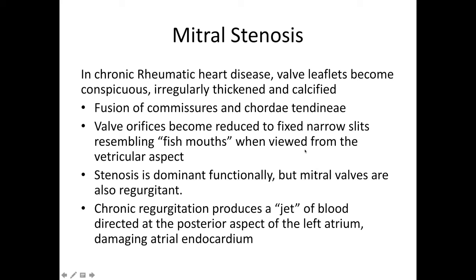One of the things that is going to occur as a result of this chronic rheumatic heart disease is mitral stenosis. So when we talk about changes at the level of the heart valves, mitral stenosis is one of those changes which we will see in a chronic rheumatic heart disease. What ends up occurring is that the valves start to stiffen up, and so we start to lay down this fibrous connective tissue along the valves.